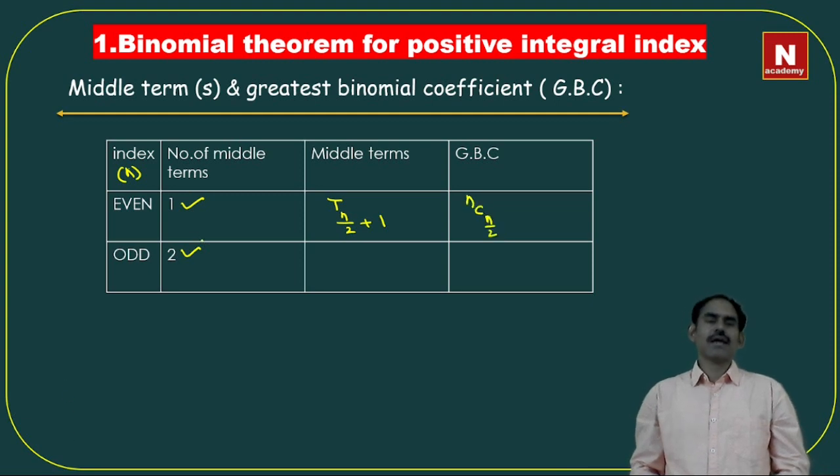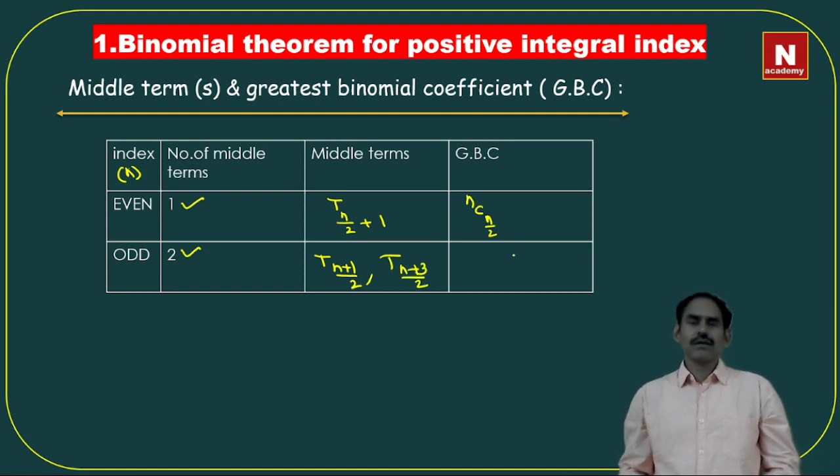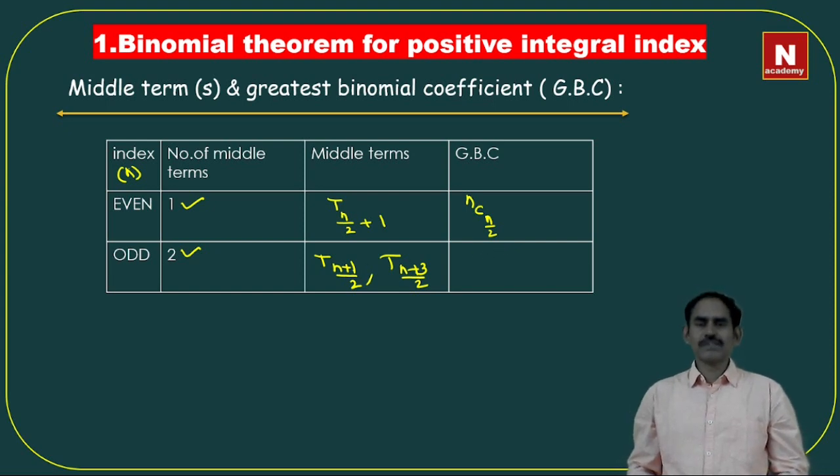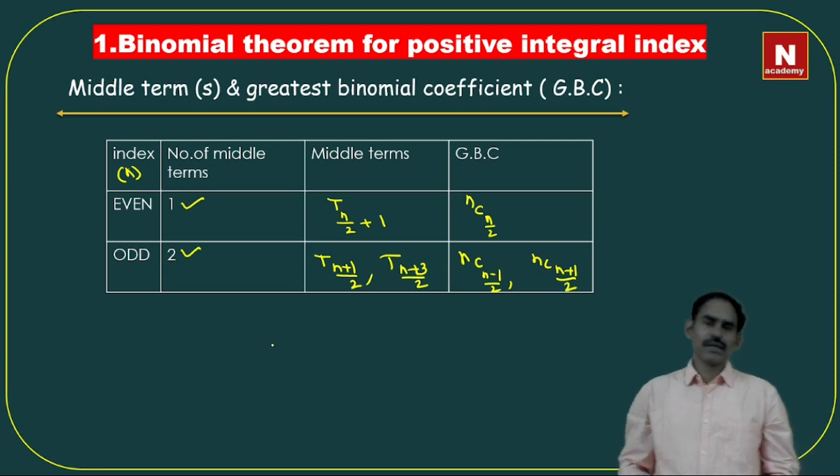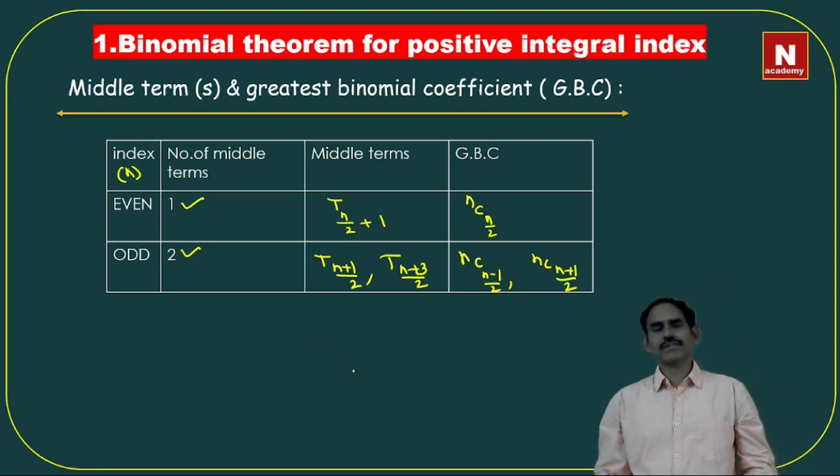When n is odd, two middle terms exist. The middle terms are the n plus 1 by 2th term and the n plus 3 by 2th term. What are the greatest binomial coefficients? The coefficients of the middle terms: nC n minus 1 by 2 and nC n plus 1 by 2 are called the greatest binomial coefficients.